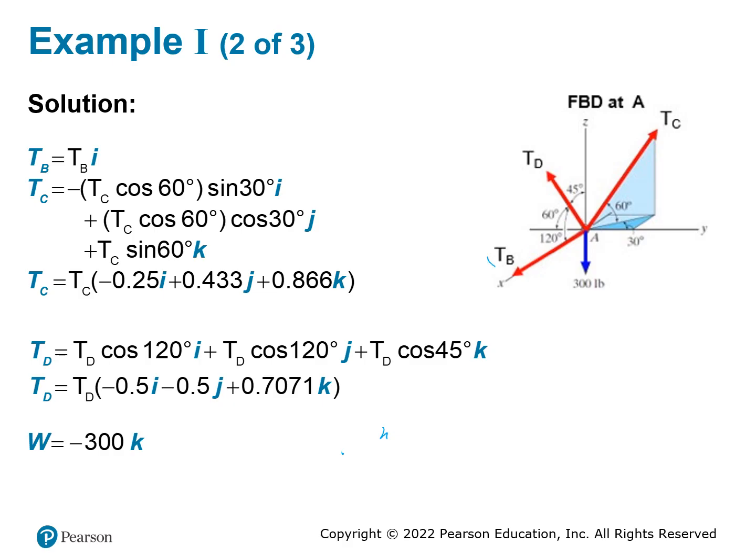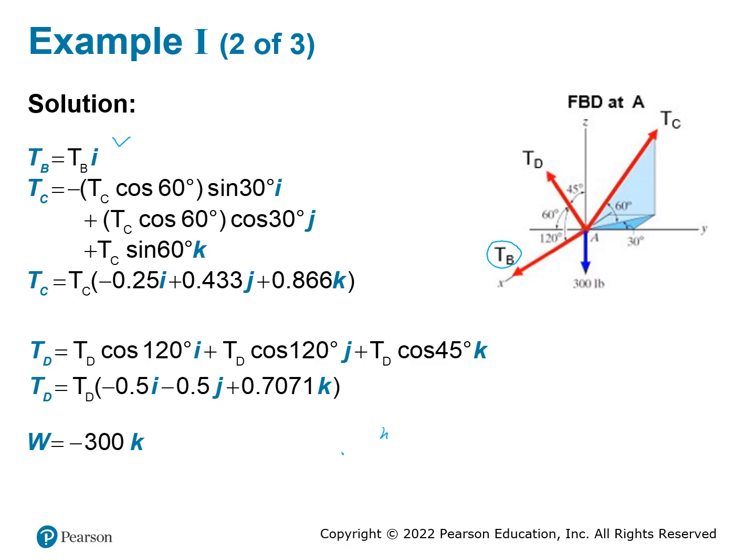If you look at T sub B here, it's right on the x-axis, so it only has the i component. That's why we write the T sub B vector as the T sub B amplitude times i, and there's no y and z component.